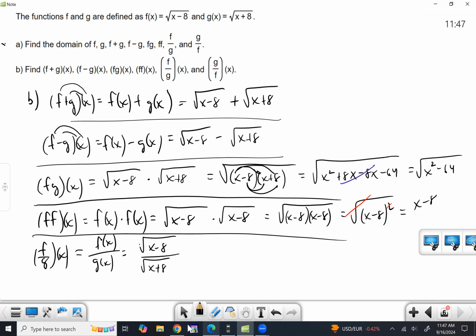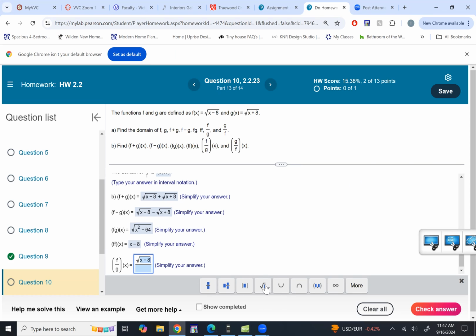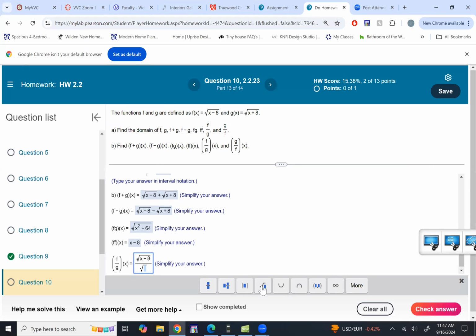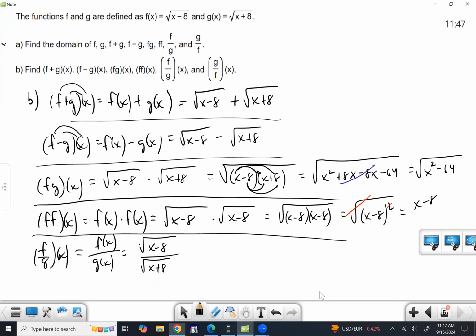Let's see if it lets us leave that. Before I start diving into rationalizing the denominator and stuff, let's see if it takes that. It did, okay. So we'll save rationalizing the denominator for trig.